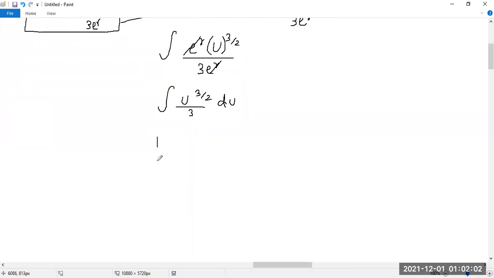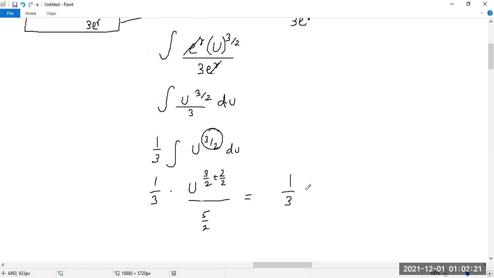And then we'll pull the constant out. We'll say this is 1 over 3, the integral of u to the 3 over 2 du. And at this point, we'll add 1 to the top. We'll say this is u to the 3 over 2 plus 2 over 2 over whatever this is, which is 5 over 2. So this is 1 over 3 times u to the 5 over 2 over 5 over 2.